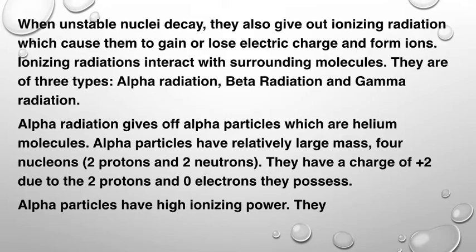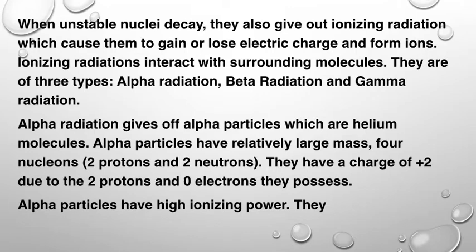But the helium particles given off by alpha radiation possess no electron. So they have 2 protons which are not balanced by any electron. That's why they have a charge of +2. So this is the alpha particle that is given off under alpha radiation.